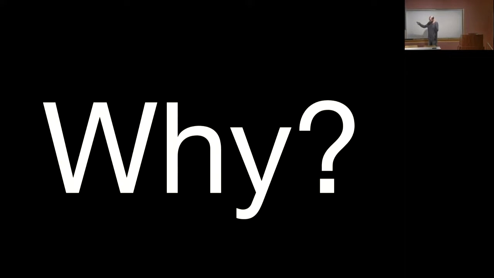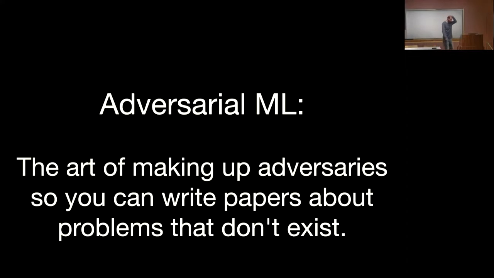So what is it that I think is causing this? For a long time, I would tell people that adversarial machine learning is the art of making up adversaries so you can write papers about problems that don't exist. And there's a good reason for this. Suppose you have to do security of something you don't actually have in front of you yet.